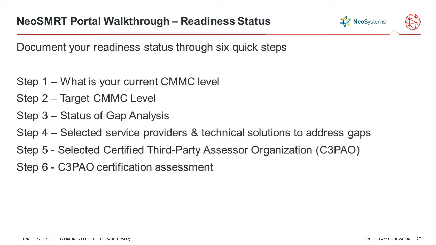On the readiness status side, I'm not showing every one of these steps, but I just wanted to make a few definitions because this has been maybe a little confusing for some people as well. When you're asked through the readiness 6 quick steps, what is your current level?